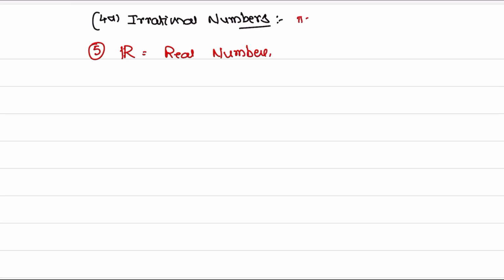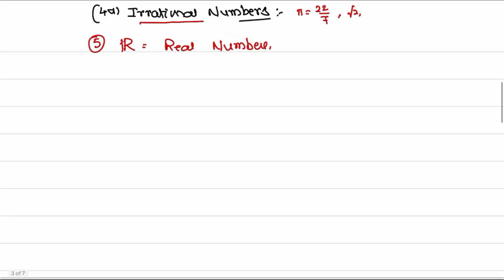Pi is 22 by 7, it has repeated decimals. Square root of 2, repeated decimals. They will not end somewhere, so that they can be expressed as a perfect fraction or a rational number. These are all called irrational numbers. They don't have any symbol, hence I have put them separately.